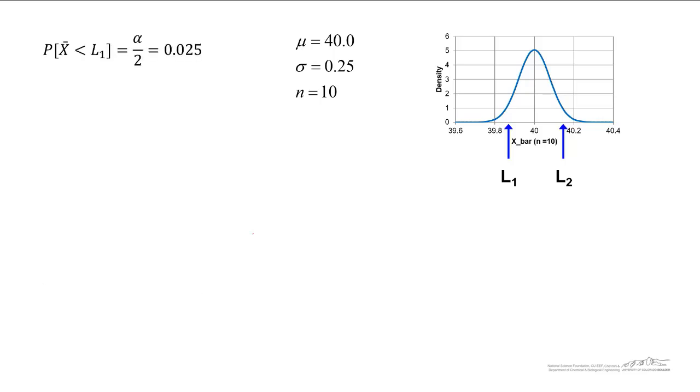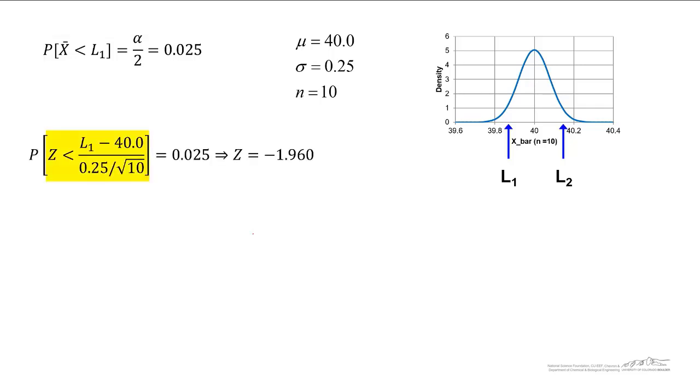If we take a look at L1, we can write the probability that x bar, remember this is a sampling distribution, is less than L1 is alpha divided by 2. We're looking at a 95% confidence interval, so alpha is 0.05, and that means the probability that x bar is less than L1 is 0.025. We can convert this to a z-value by standardizing.